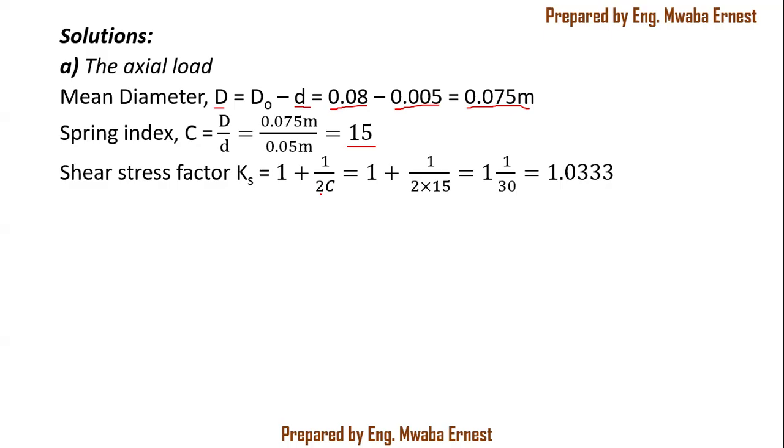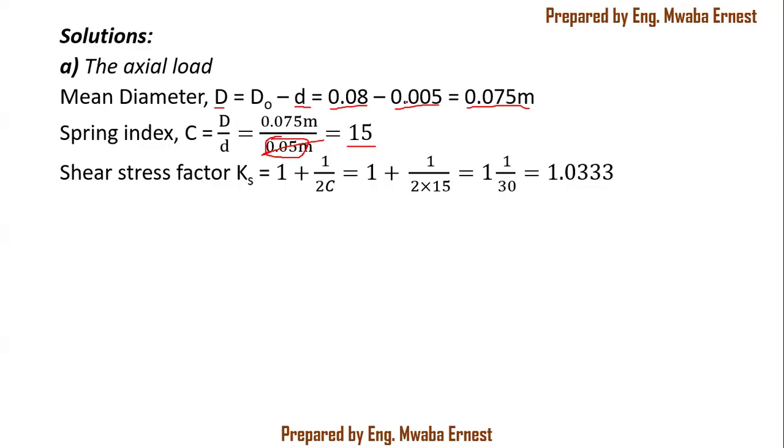Now, let's get something straight here. We're saying our C is actually 15, but there's something I want you to observe clearly. This small d, it's like we're saying it's 50 millimeters, which is not correct. I think we can make that quick correction. The number here is supposed to be 0.005, and I think it will affect this one as well.